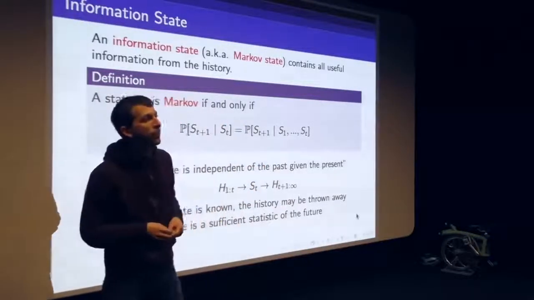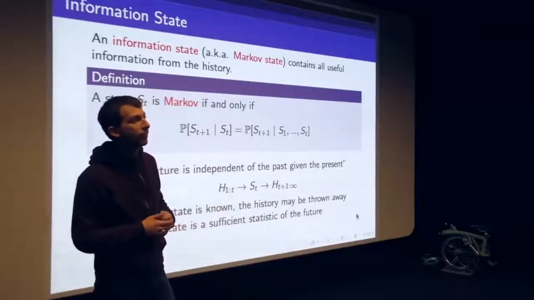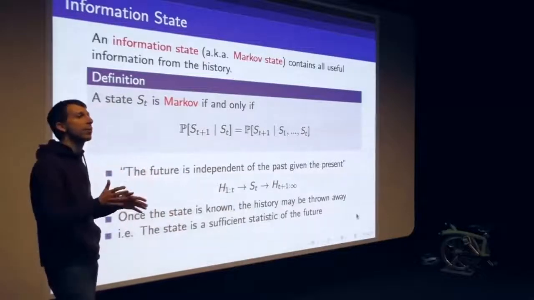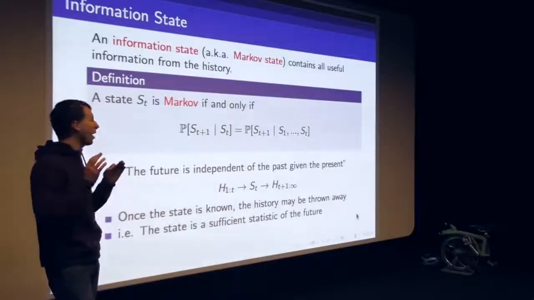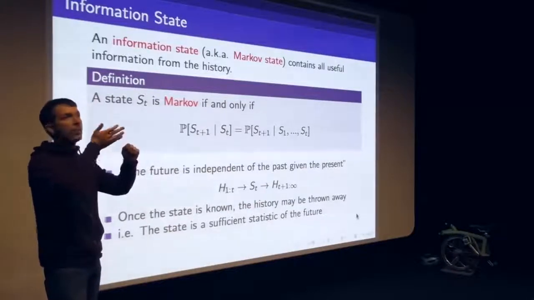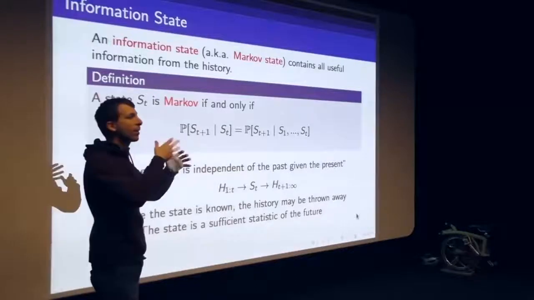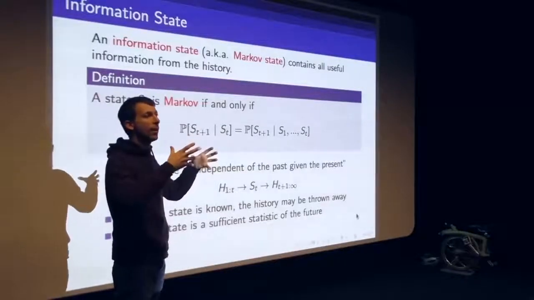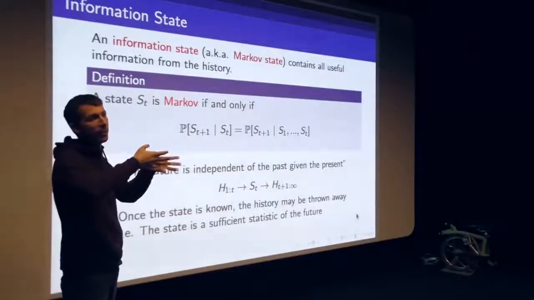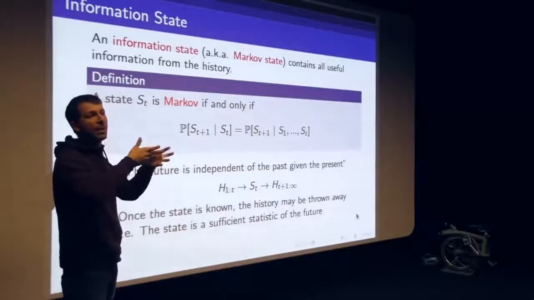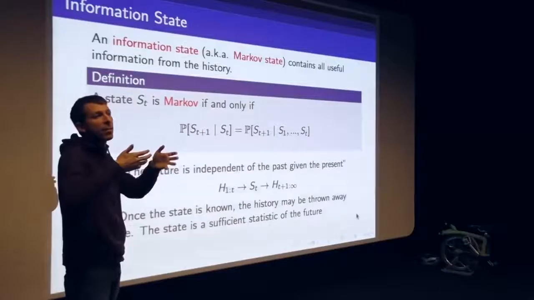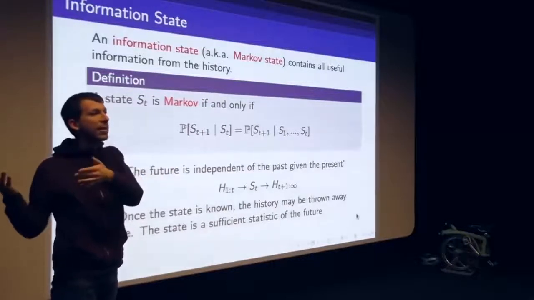Can you give your example of a helicopter, for instance, because clearly where it goes next depends on where it was before? Okay, so the question was, how does this fit in with the helicopter example? A Markov state for the helicopter would be roughly the current position, velocity, angular velocity, and angular position of the helicopter. And maybe you need to know the wind direction and things like that as well. But if you know all of those things, it doesn't matter what the position of the helicopter was 10 minutes ago.